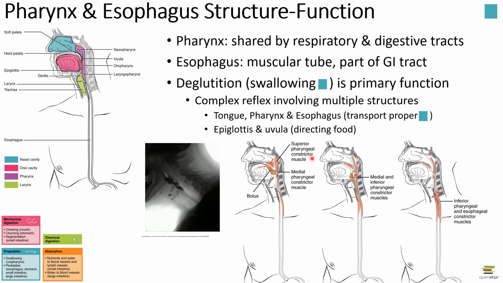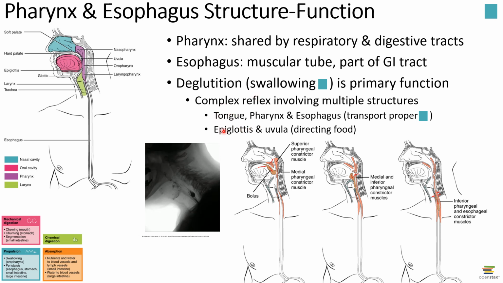The esophagus is simply a large muscular tube, and it branches off in the pharynx. So we have our trachea coming one way, and then our esophagus going down to the stomach. The esophagus, the pharynx, and the tongue are all involved in this reflex of swallowing. And that's the primary function, just transporting it to the next step.